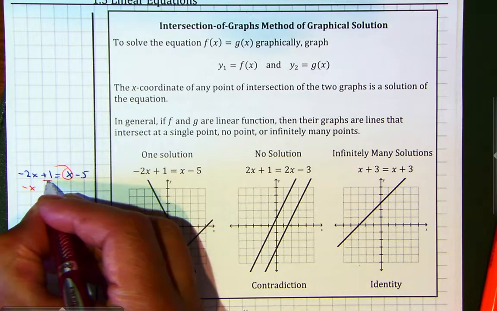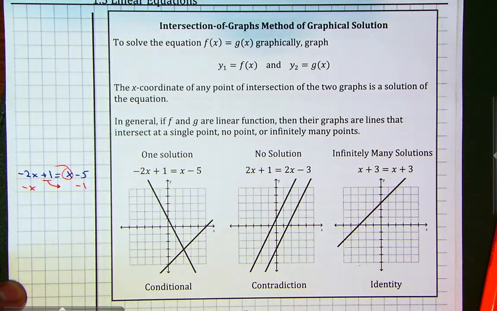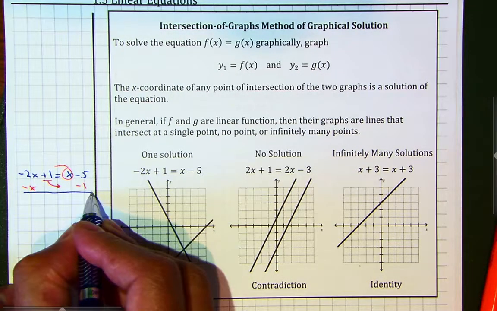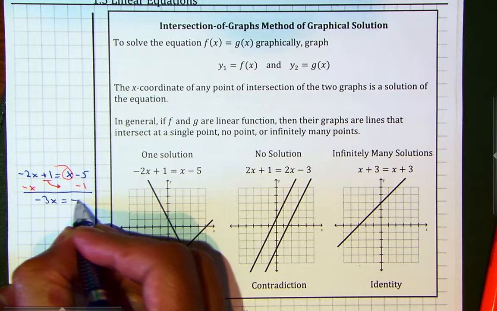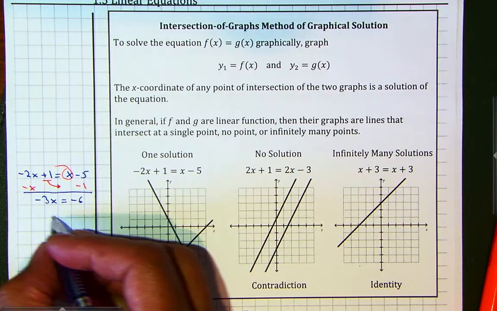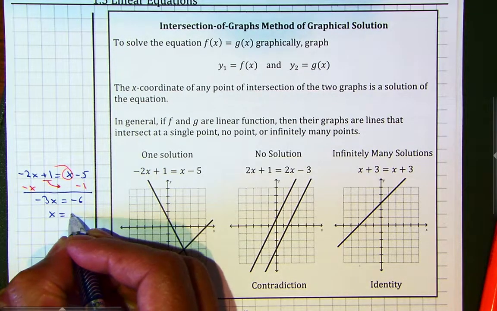Move my 1 to the right, we can't say negative 1. That gives me a negative 3x equals negative 6. Divide by negative 3, x equals positive 2.